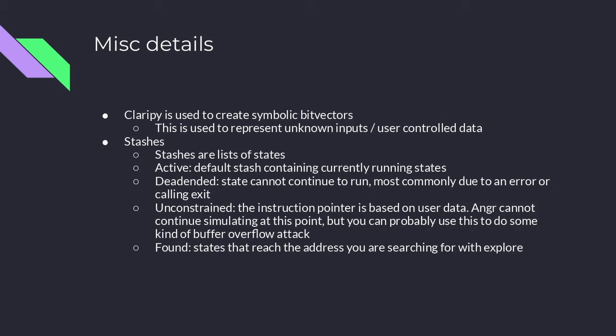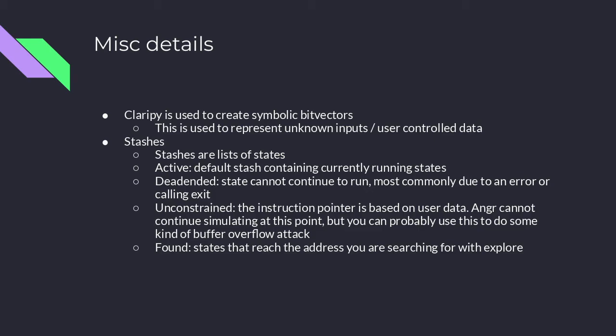Angr keeps states in a collection of buckets that are called stashes. Huck called them buckets. I guess they're just stashes. But anyway, each stash contains a set of states. The active stash contains states that Angr is currently running in parallel and looking for things in.